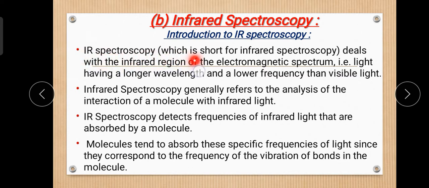IR spectroscopy, short for infrared spectroscopy, deals with the infrared region of the electromagnetic spectrum, that is light having longer wavelength and lower frequency than visible light.